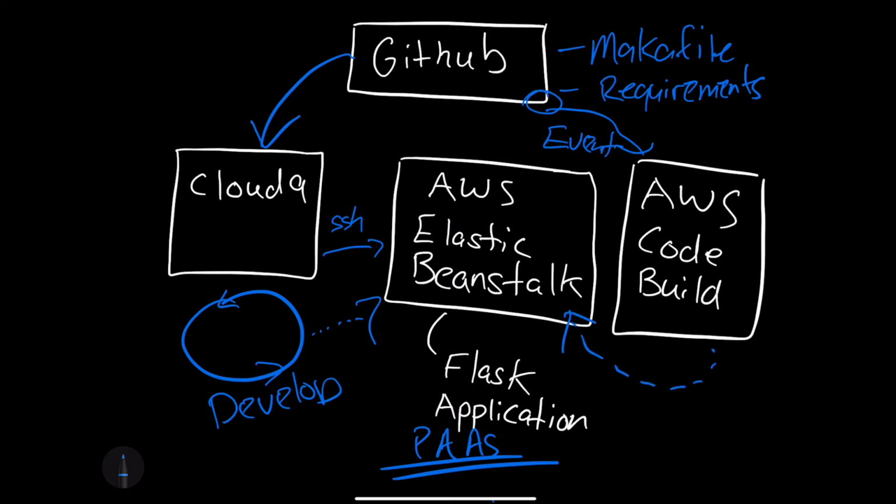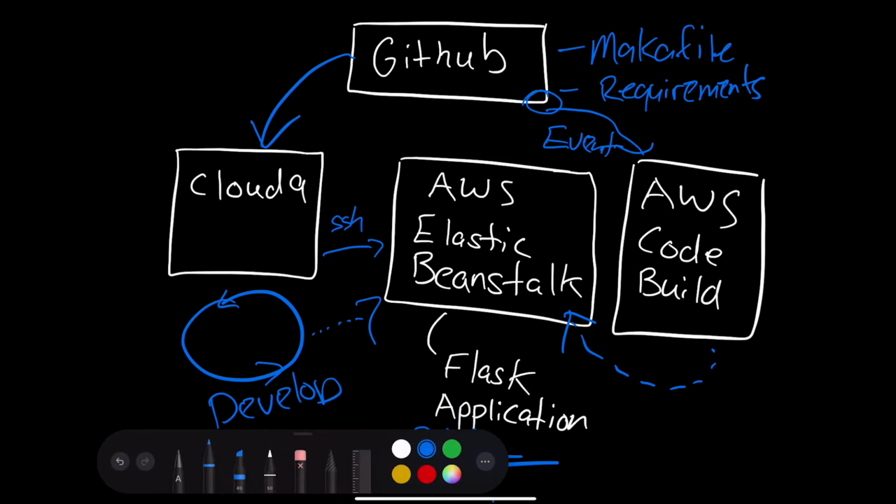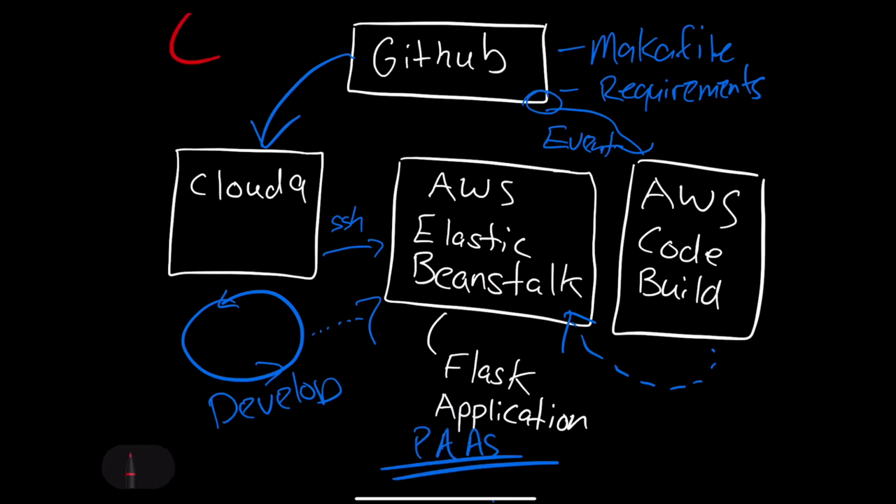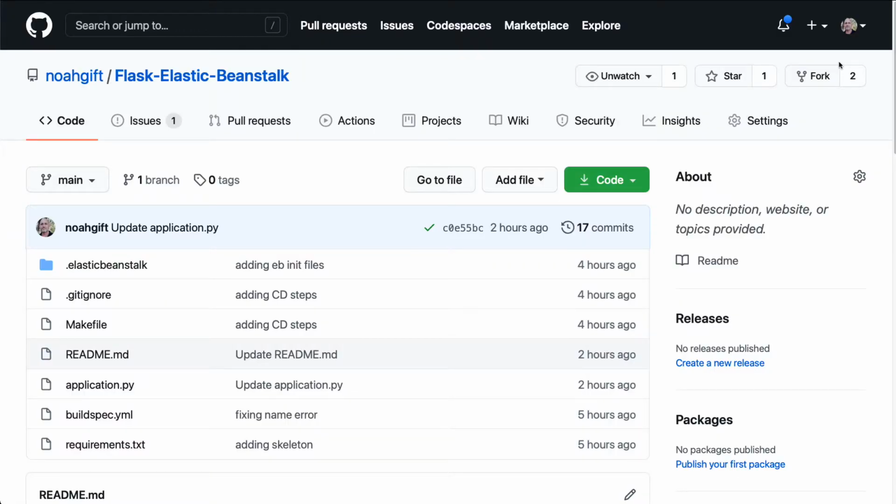So in a nutshell, this is a full continuous delivery pipeline here. So we'll call this CD. And this CD pipeline will allow us to employ DevOps best practices and make changes just by modifying our source code.